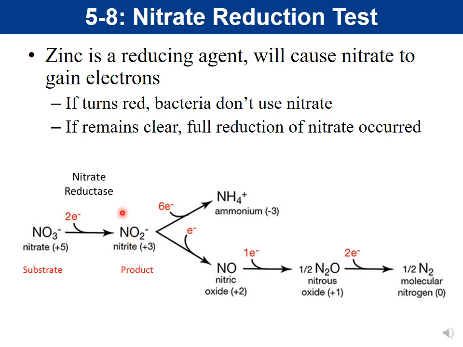The zinc reduced it to nitrite, which is why it turned red. If it remains clear, it tells us that full reduction of nitrate occurred because we still have no nitrite. And so it's either ammonification or denitrification. And so that's what you want to understand. This is a more complex readout, and you want to understand what this readout tells you.